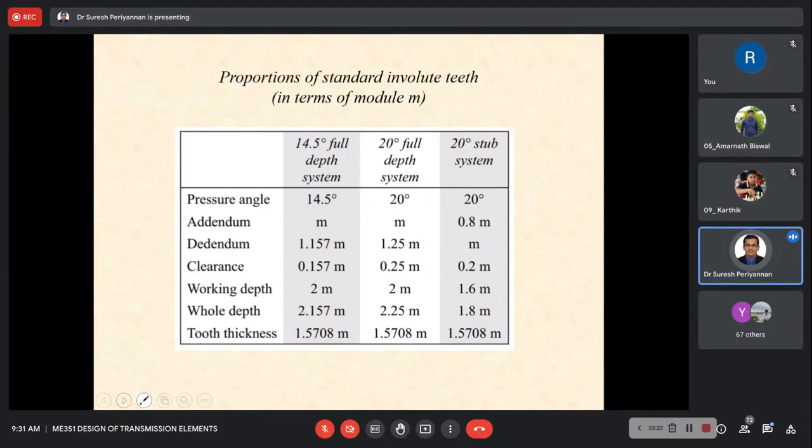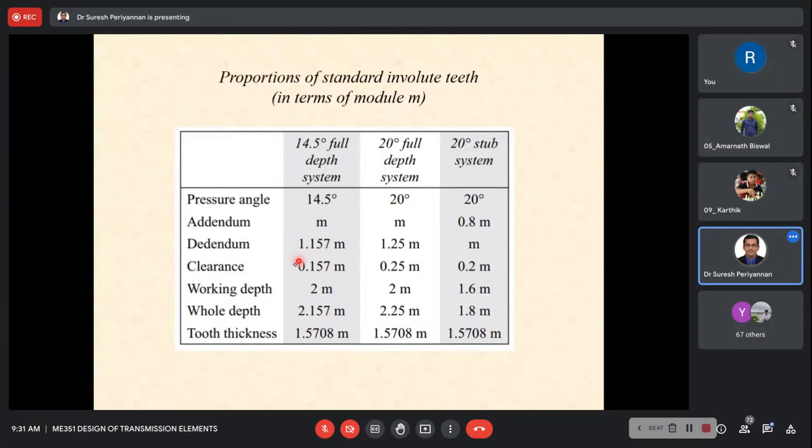Now I come to the standard involute tooth system. The table we have given you has this terminology: 14.5 degree full depth system. During that time you have to consider the pressure angle alpha as 14.5 degrees, addendum is 1 times module, and dedendum is 1.157 times module.